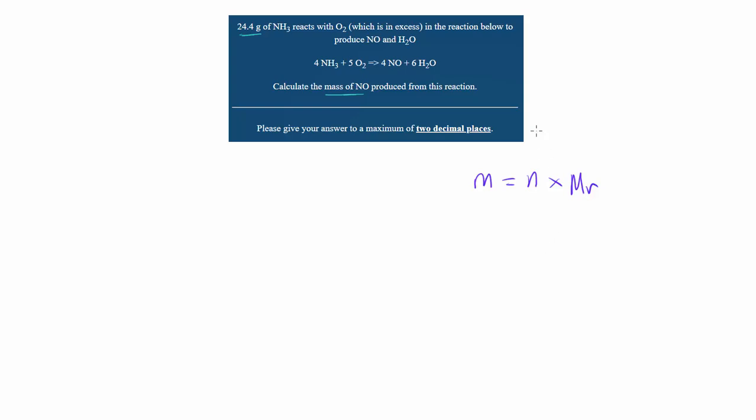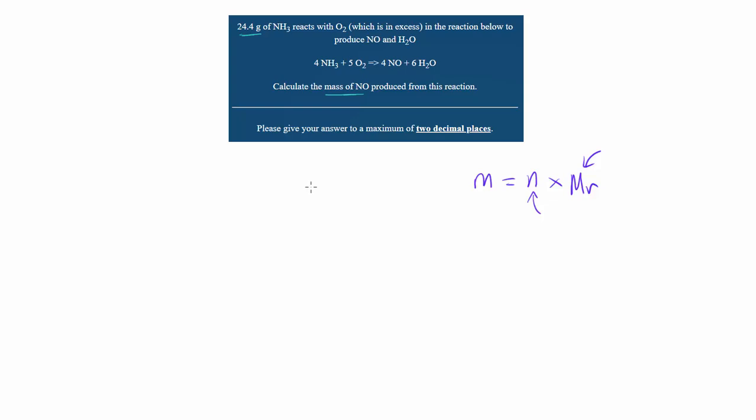And in this case, for nitric oxide, the Mr we could work out from the periodic table. However, for the number of moles, it would be less straightforward, and we're going to explore how we can work that out. And then once we work it out, we're going to plug the values in to solve this equation.